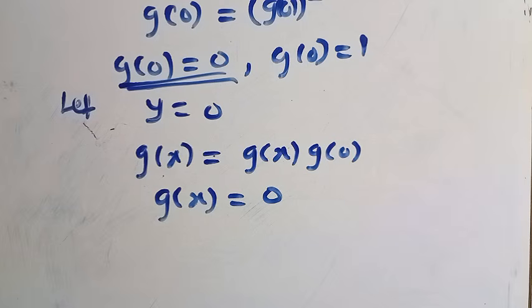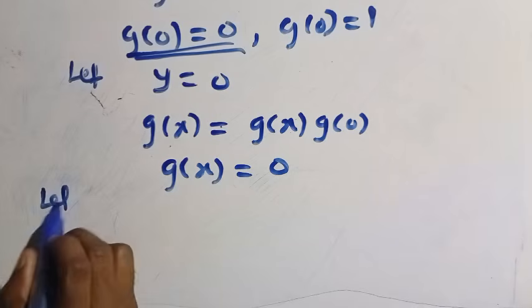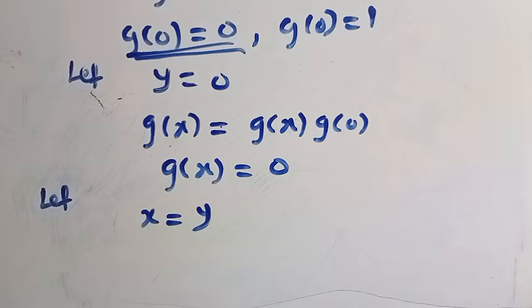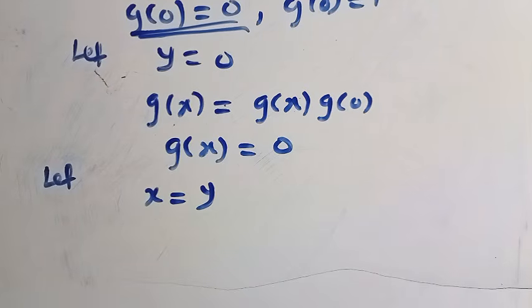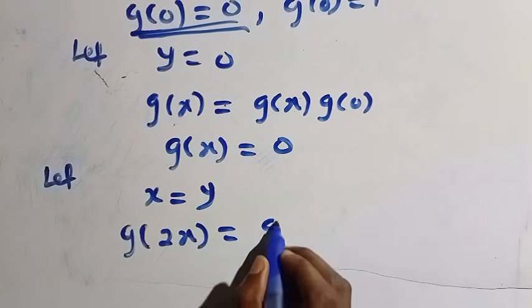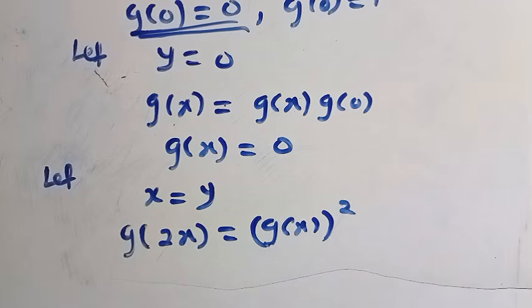So let's say I set y equals x. Then we are going to have g of 2x equals g of x all raised to the power of 2 in Cauchy.